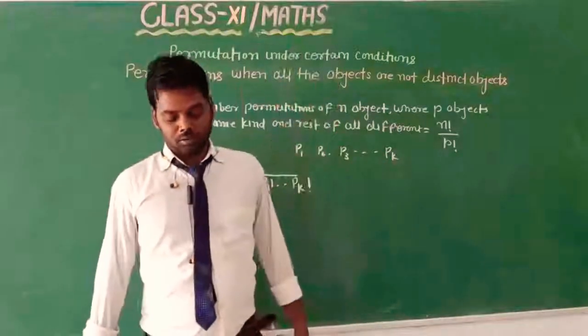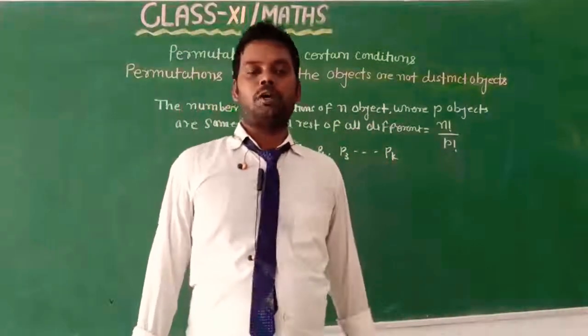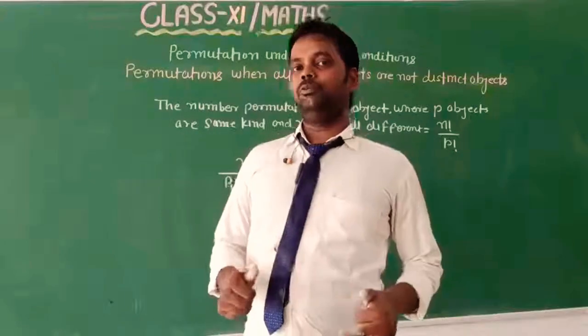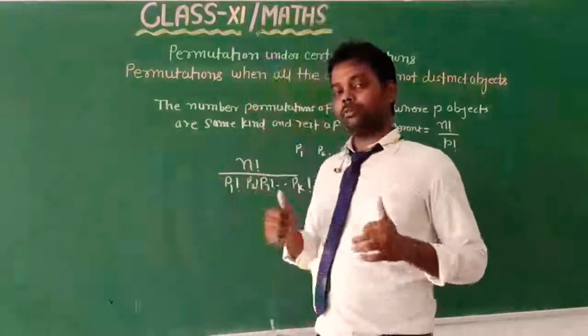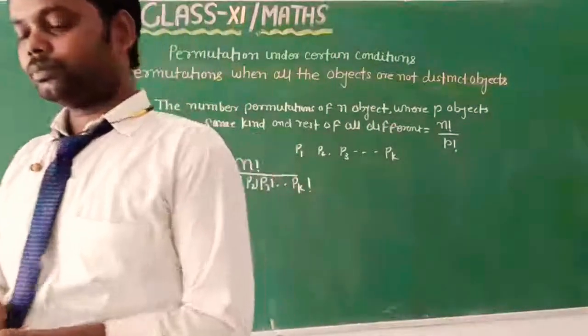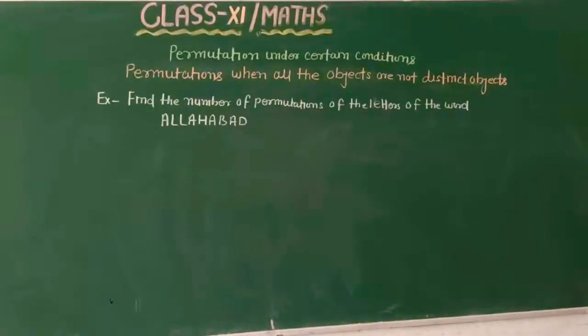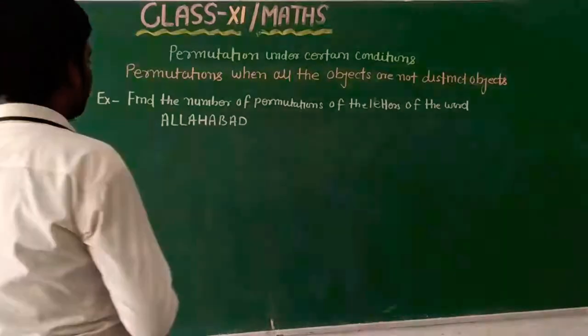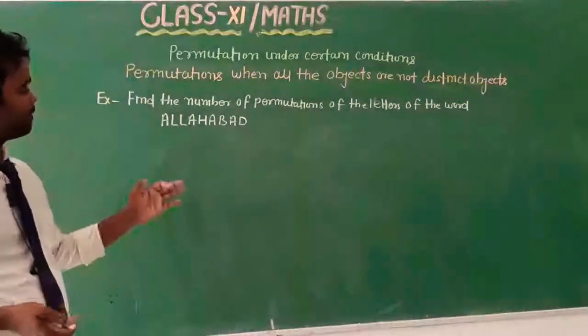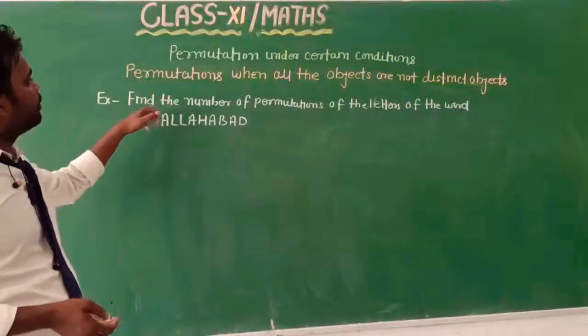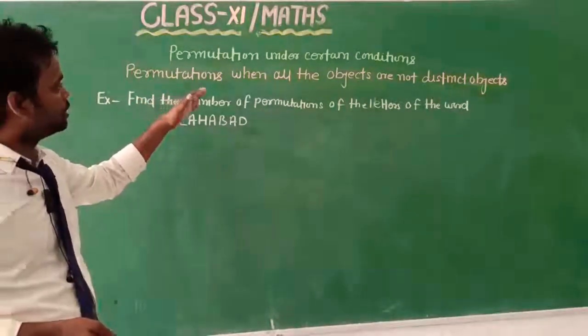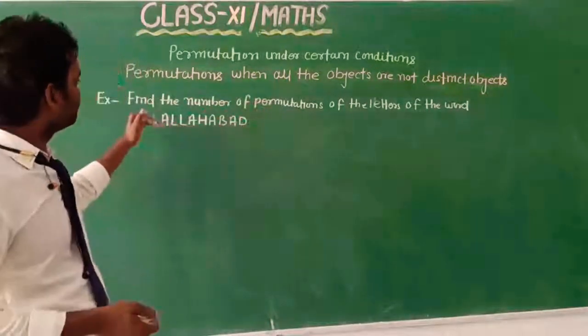Now let us solve some examples, then we will understand this condition very clearly. This is an example based on permutation under certain conditions.